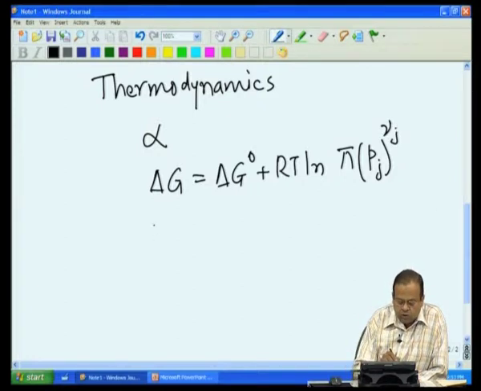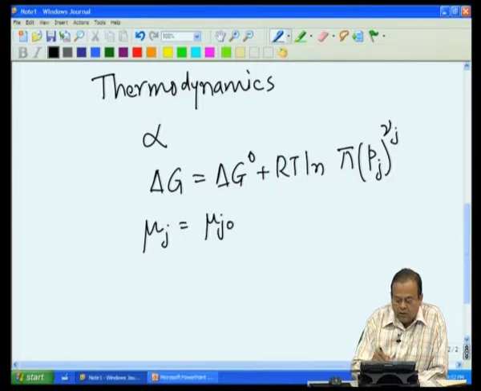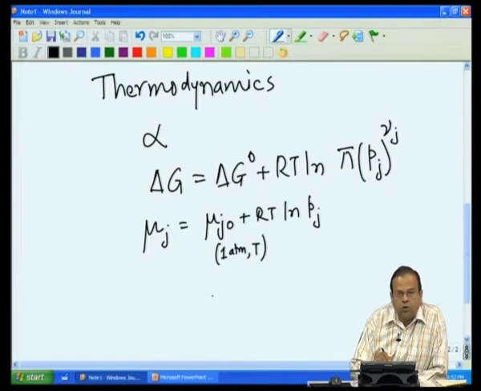To arrive at this equation we took help of chemical potential mu, related it for the species j in an ideal gas mixture to the standard condition chemical potential. So, what are the standard conditions? Reference pressure is usually 1 atmosphere, the temperature T of the mixture, and pure j as the component.